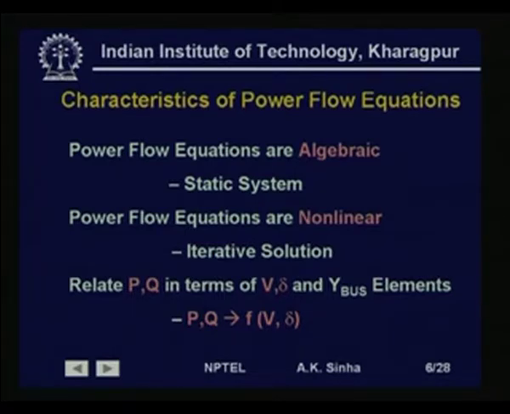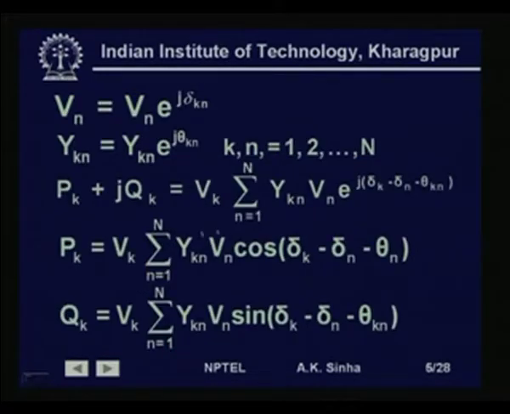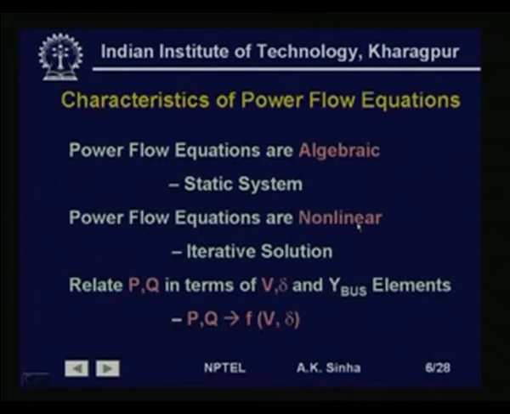Also, we find that these equations, since they involve cos and sin terms as well as the multiplication of voltages, are nonlinear equations, and therefore, in general, we need iterative methods for solving them.